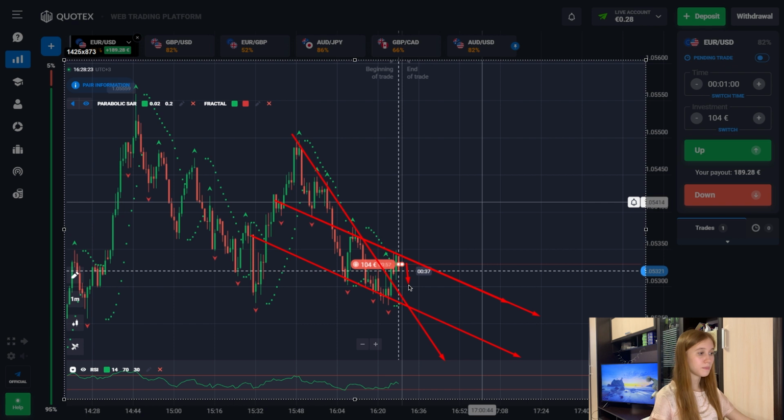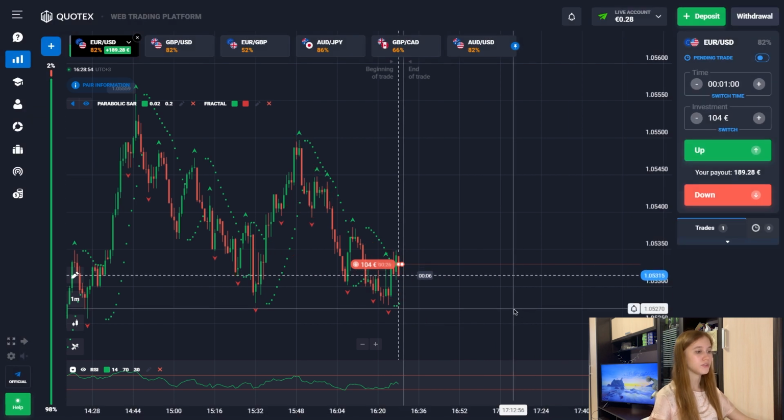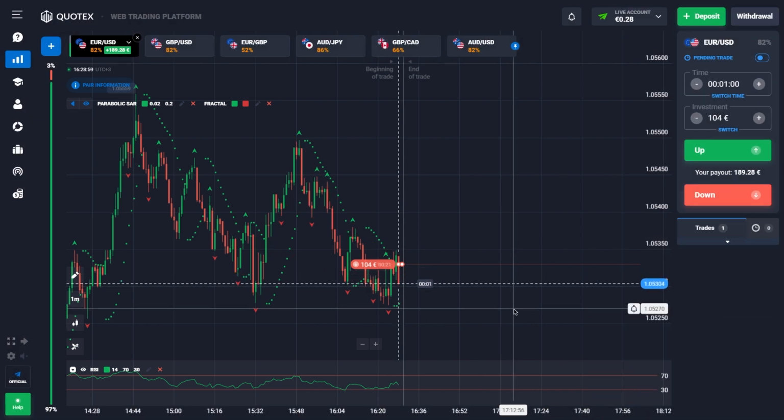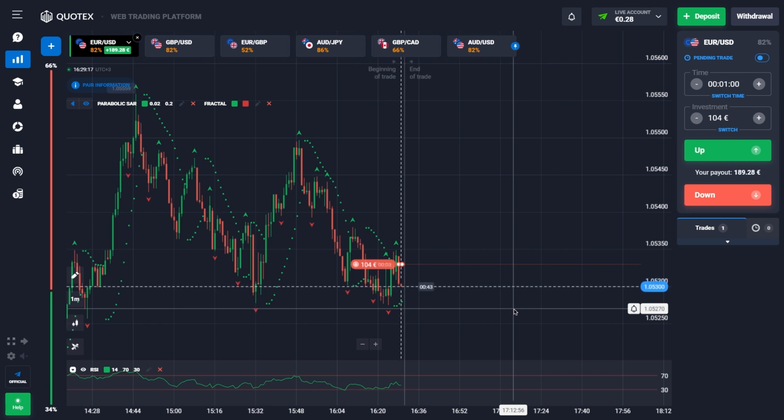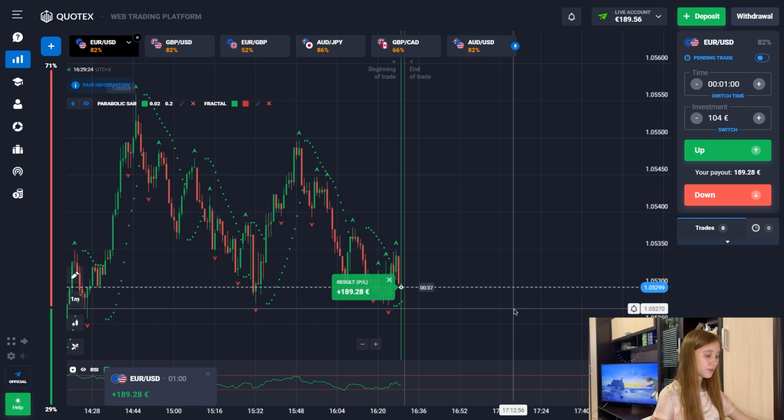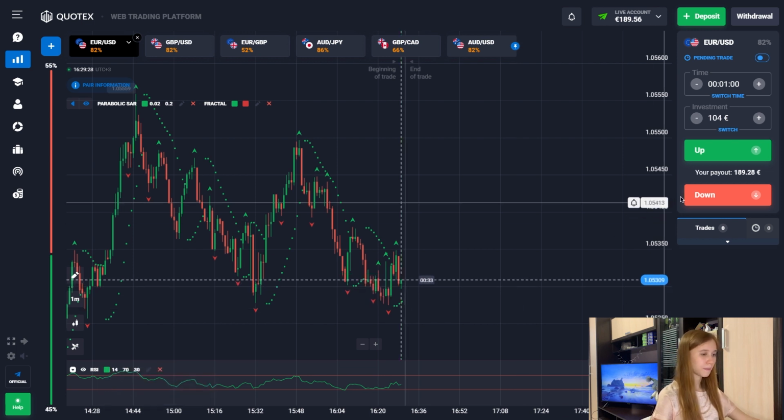There it is better to open a trade from the resistance area. And we are waiting for the result of the trade. So perfect, our deal is going into plus.